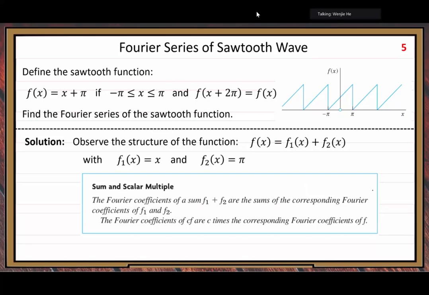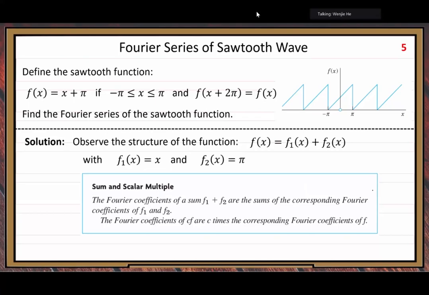Because Fourier coefficients of a sum, f1 plus f2, are the sum of the corresponding Fourier coefficients of f1 and f2. So we use this property, the linearity property. Very convenient.